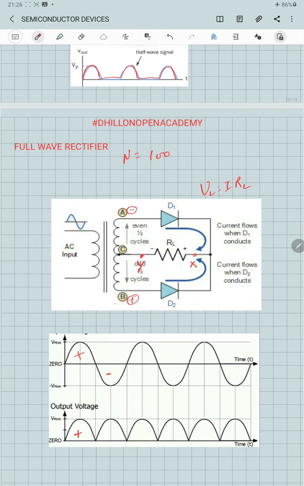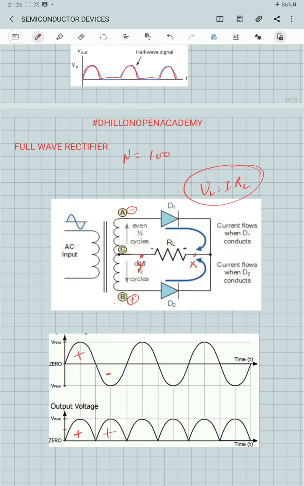So no current flows through the diode D1, but a forward current now flows through the diode D2, and in this case also through the load resistance RL, the current flows from X to Y. That is, X acts as a higher potential point, Y acts as a lower potential point. So in this case again, the voltage appearing across the load resistance RL is equal to I into RL. So for the negative half cycle, again we obtain a positive half cycle across the load resistance.